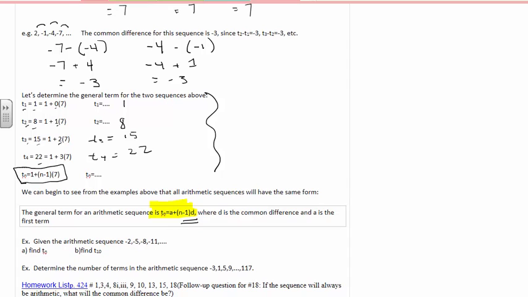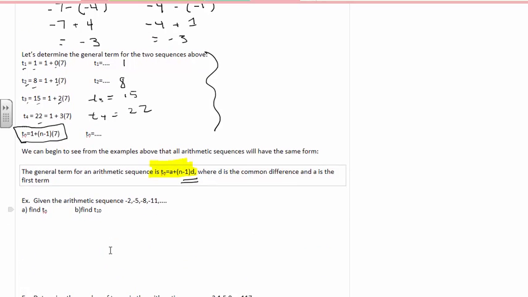Now let's see if this makes sense. Let's do an example here together. We're almost through today's lesson. So if I wanted to find the general term, that's what the t at n is. Here, the general term. And I know it's arithmetic. I start with a plus n minus 1 times d.